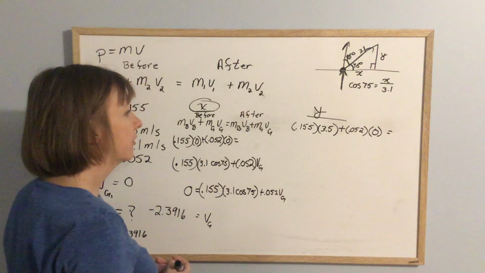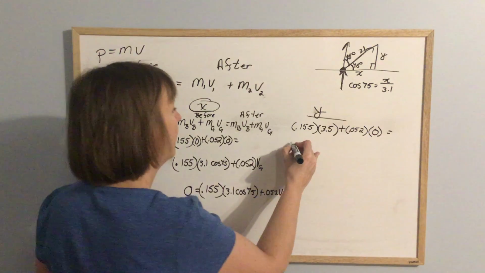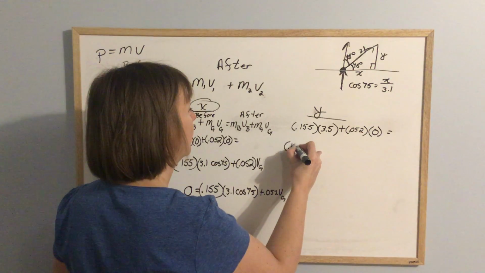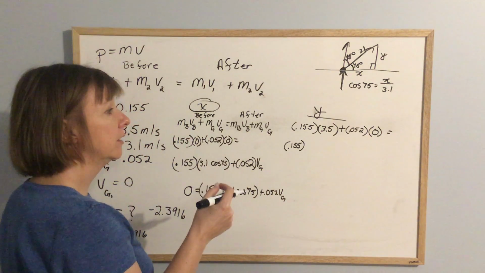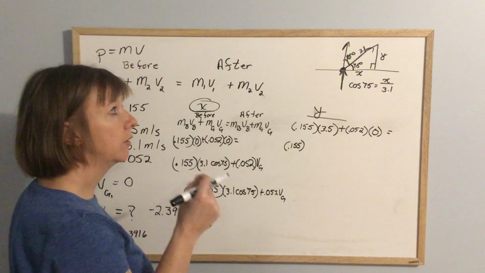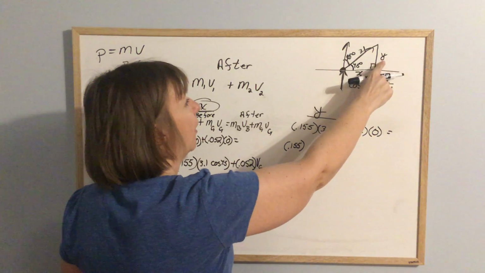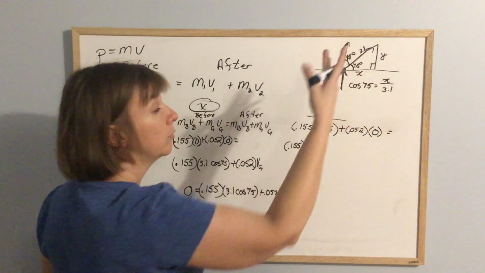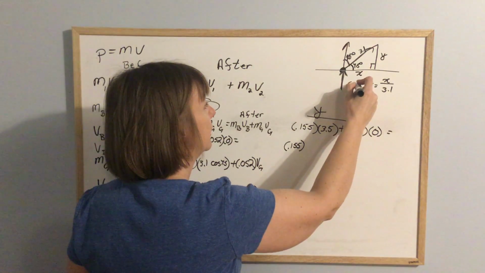So underneath, I'm going to have, after the collision, the mass of the billiard ball is 0.155. Now I need the y component of the final velocity. So the y component's up here. It is the opposite over the hypotenuse, which means it's sine. So it's exactly the same process. It's just sine, right?